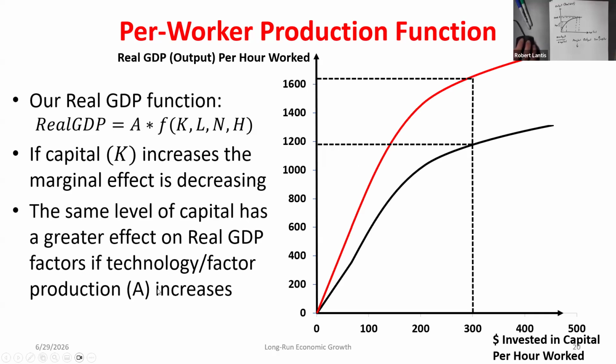When total factor productivity increases, the same level of capital investment is changing my output, or the slope of my output function is going to be a little bit less than it will after the total factor productivity change.